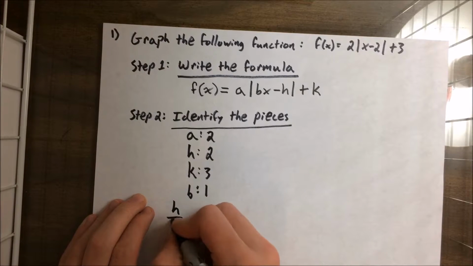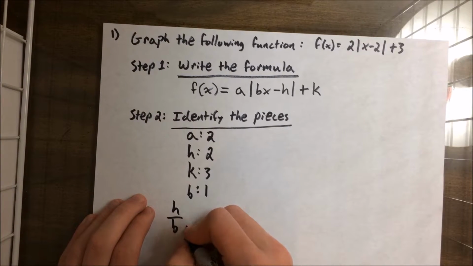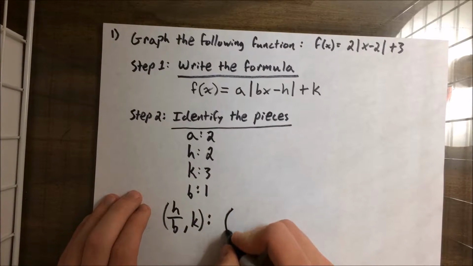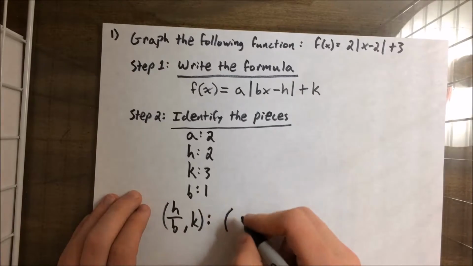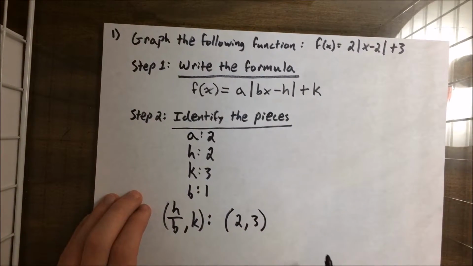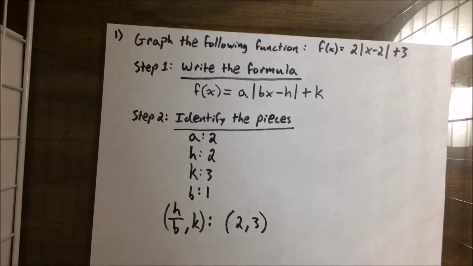So h over b and k, so the vertex would be 2 over 1, so 2, comma 3.